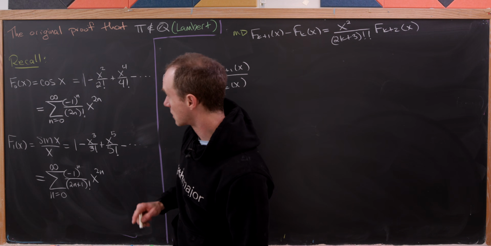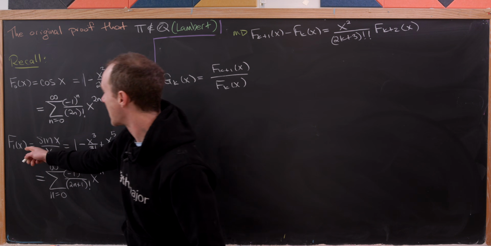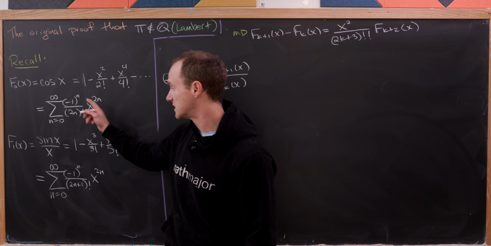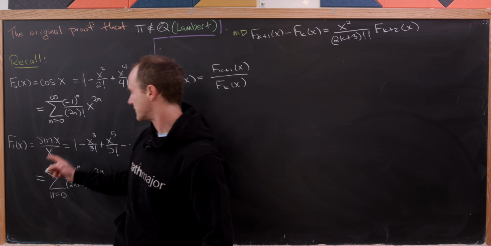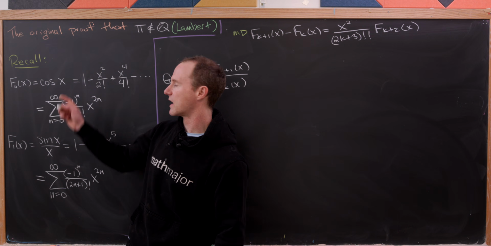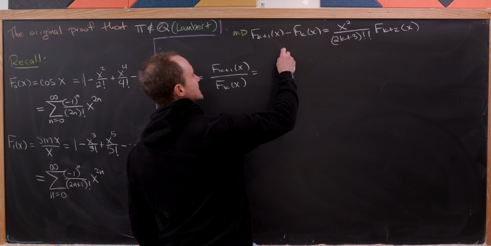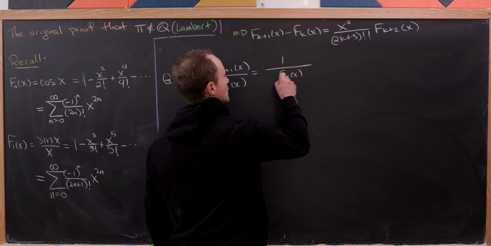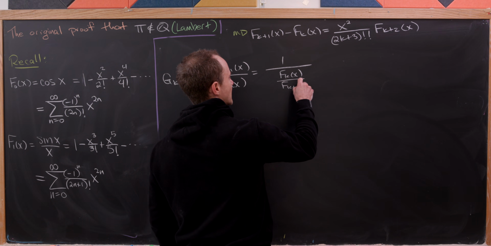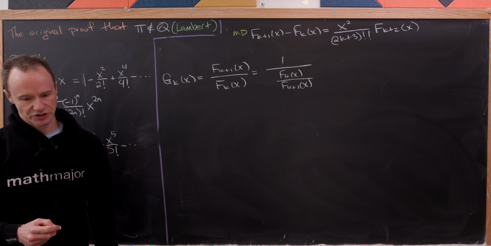Let's observe that the first one, g sub 0 of x, is f1 over f0, which is essentially the tangent over x, because we'll have sine of x over x all divided by the cosine of x. But now I can rewrite this as 1 over f sub k of x over f sub k plus 1 of x. That's kind of a silly way of writing the same quotient.